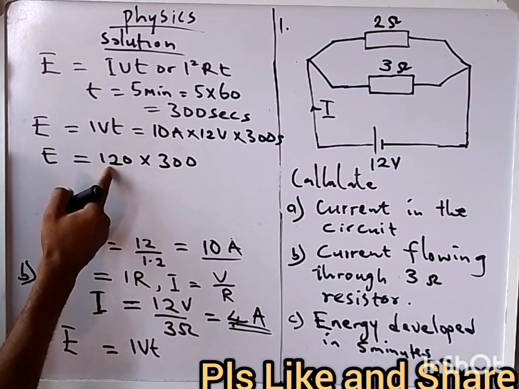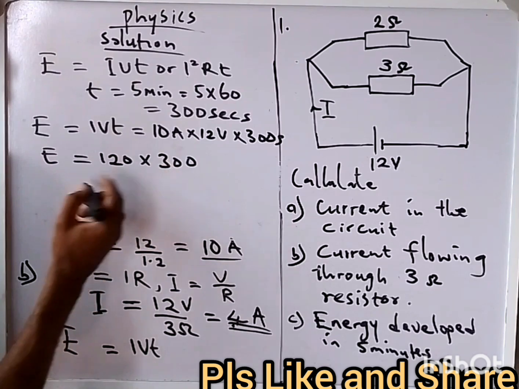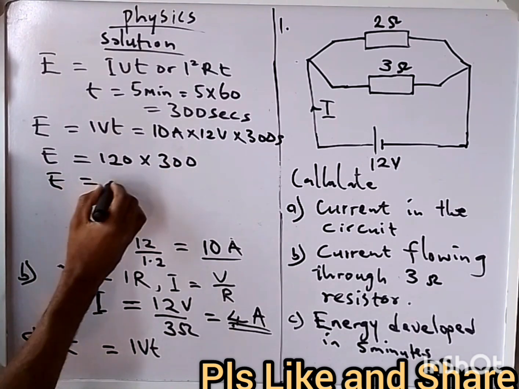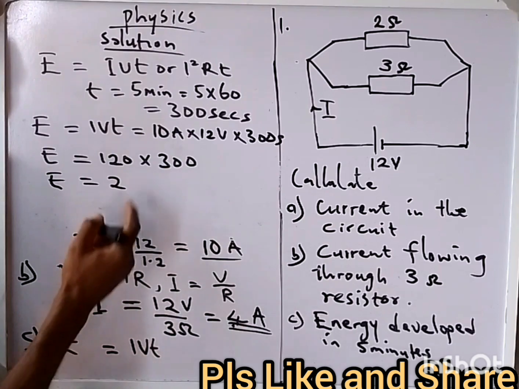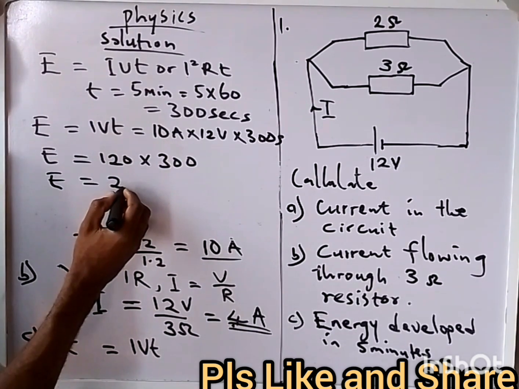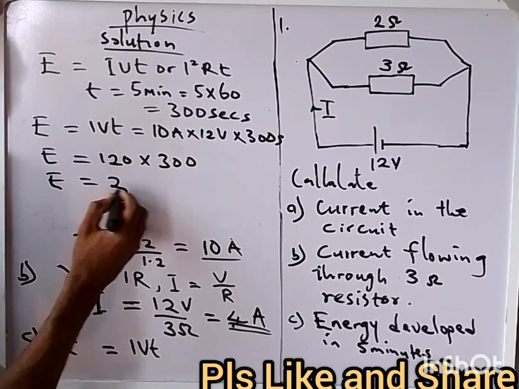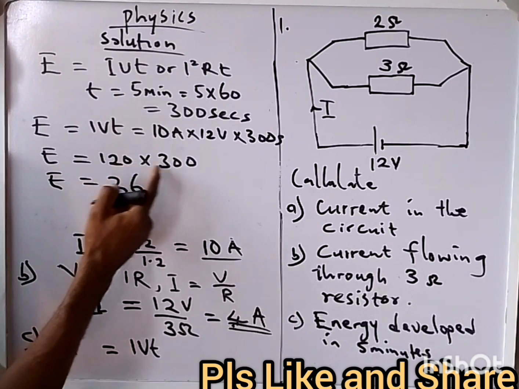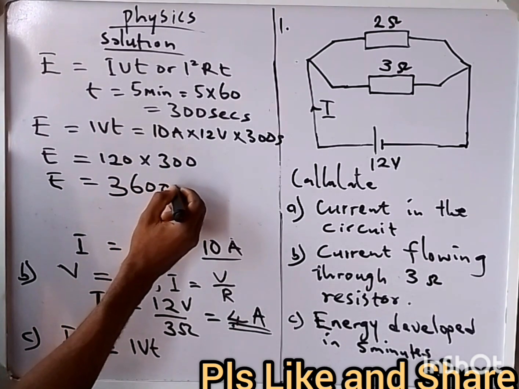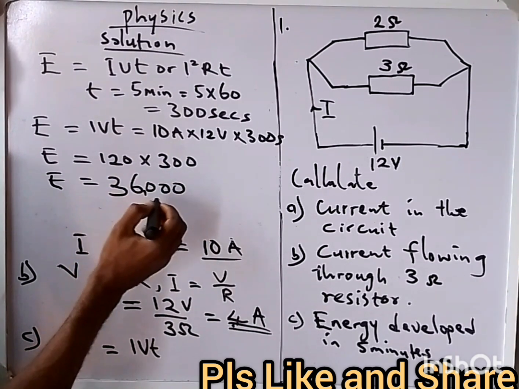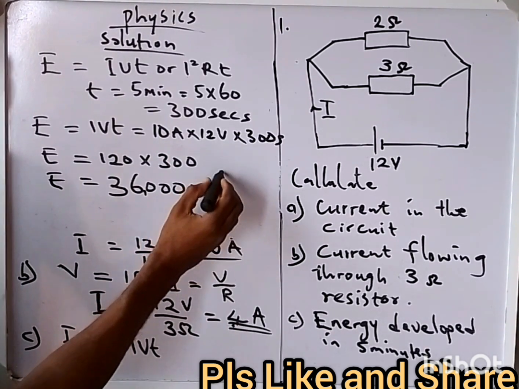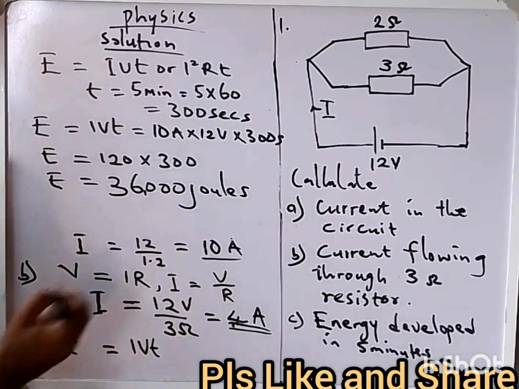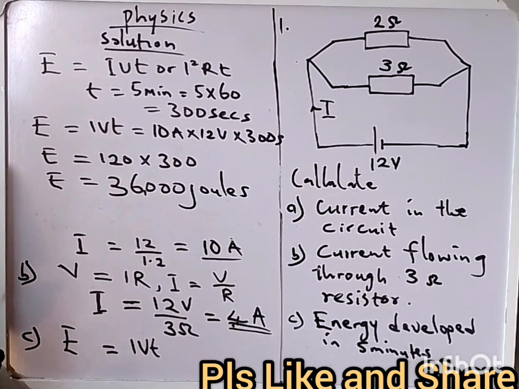Then 12 times 3 here will give me 36, then bring these 3 zeros. So that means that the electric energy developed in the circuit is 36,000 joules.